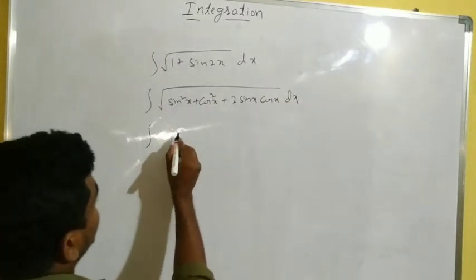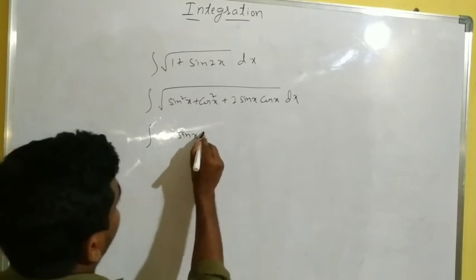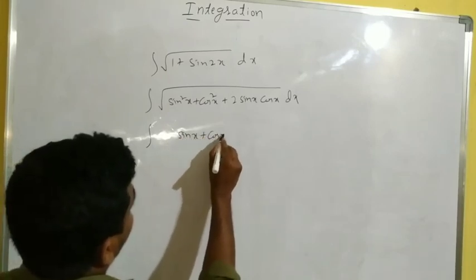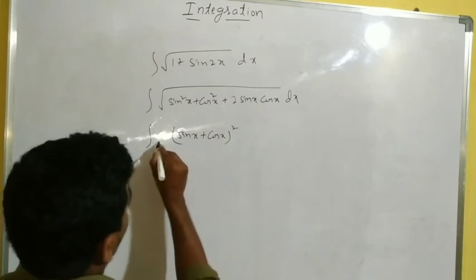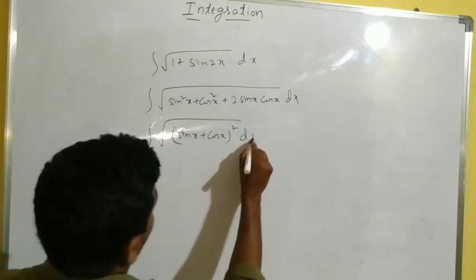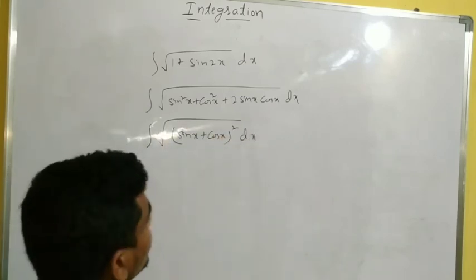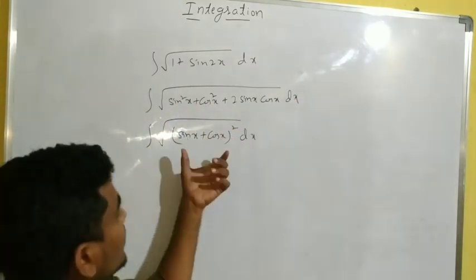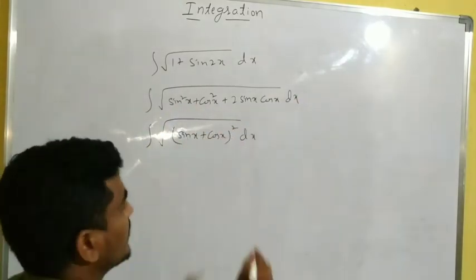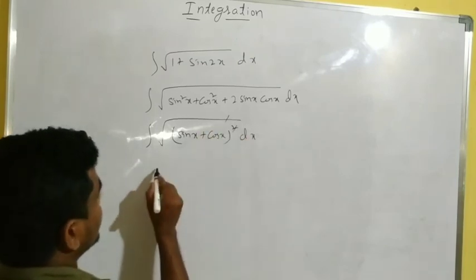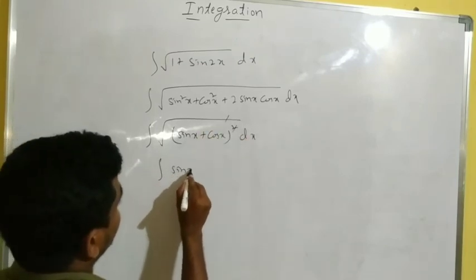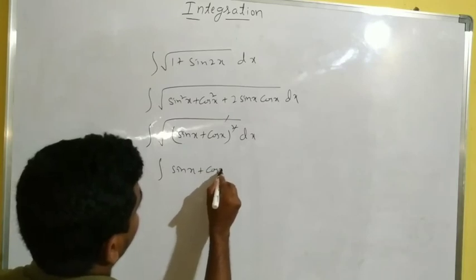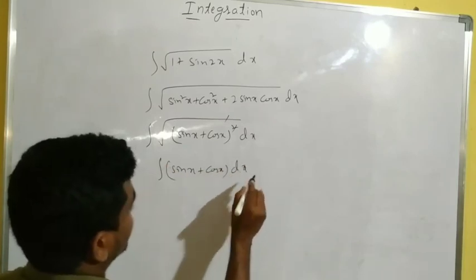Finally this becomes sin x plus cos x whole square dx. It is of the form a square plus b square plus 2ab, that's why I am writing it as sin x plus cos x whole square. Here the square and root get cancelled. Finally sin x plus cos x dx.